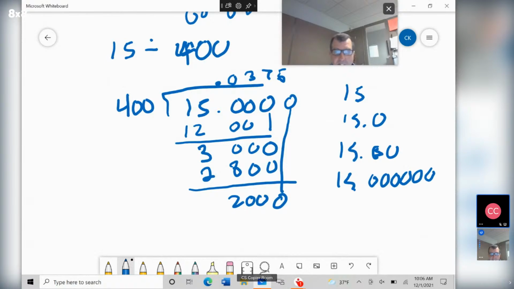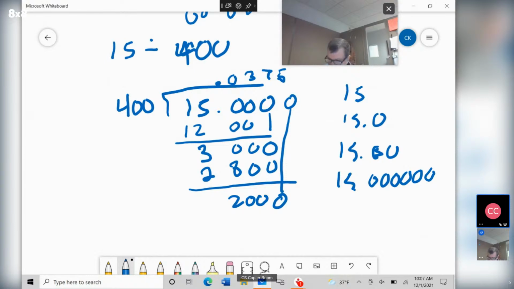It's not going to change the number. 15 can be written all those ways, okay? So it's not changing the number, but we do have to keep adding zeros until we get no remainder left, okay? So I started, like I said, this one with 3. The one before I started with 2. You can start with as many as you want, and if you don't get to them, that's fine. But until we get no remainder, we're going to have to keep adding zeros.